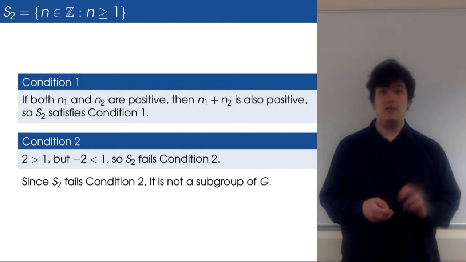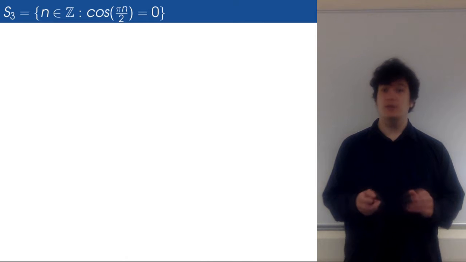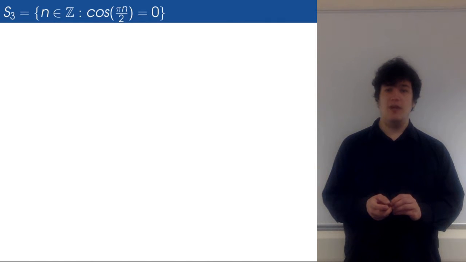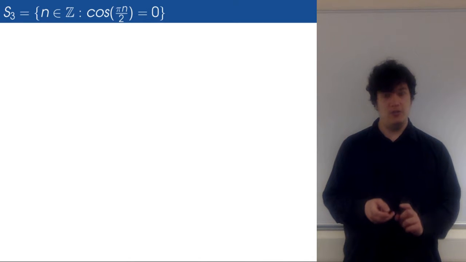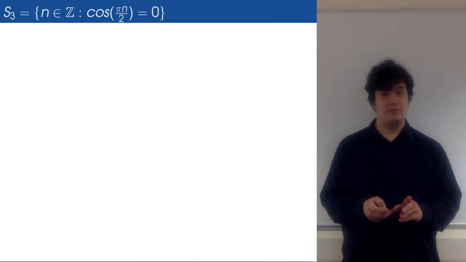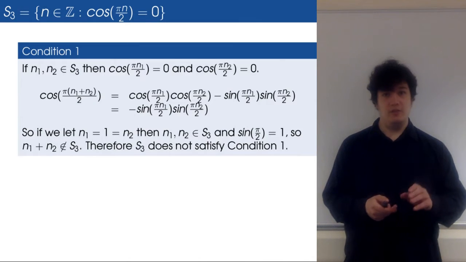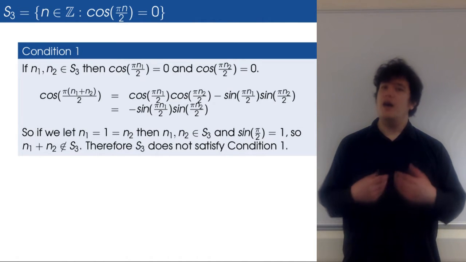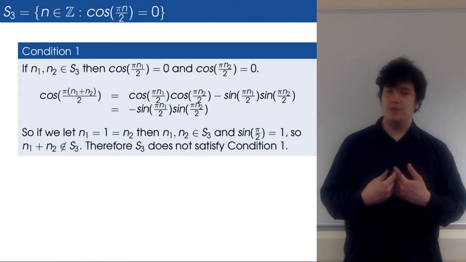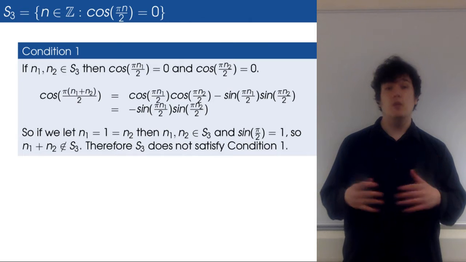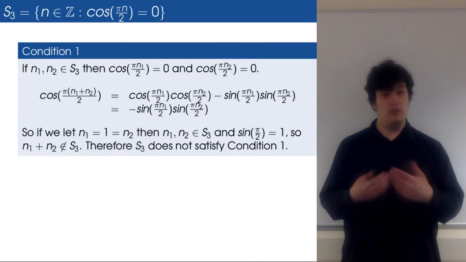Let's look at S3. S3 is quite complicated. It's every integer n such that cos of pi times n divided by 2 is 0. Now, let's look at condition 1. I'm not sure, just looking straight away at it, whether it's true or not, so I'm going to do some exploratory calculations.